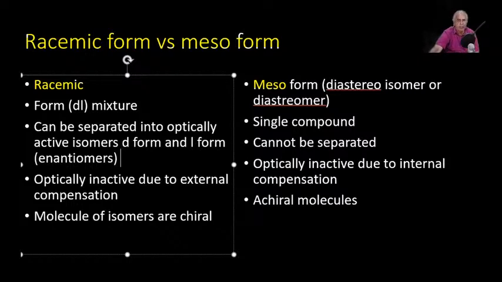Whereas diastereoisomers differ in all physical properties. Since they differ in all properties, they can be easily separated because physically they are distinct. Whereas enantiomers are very difficult to separate unless subjected to optical activity. So these are the salient points to be noted down.